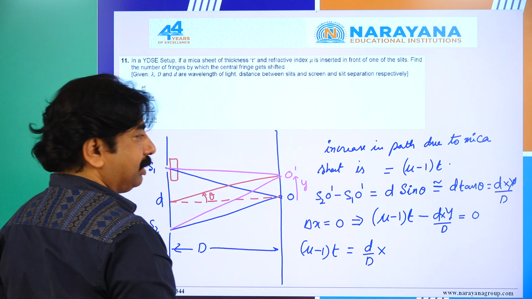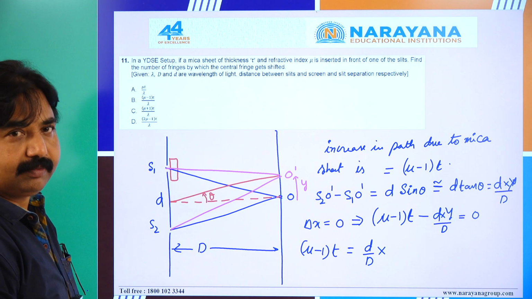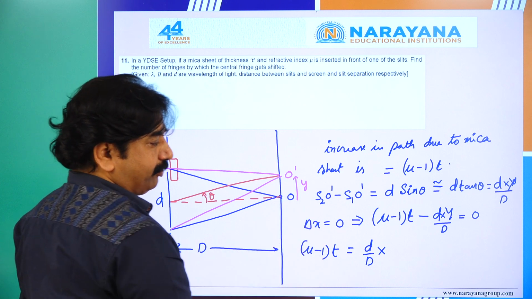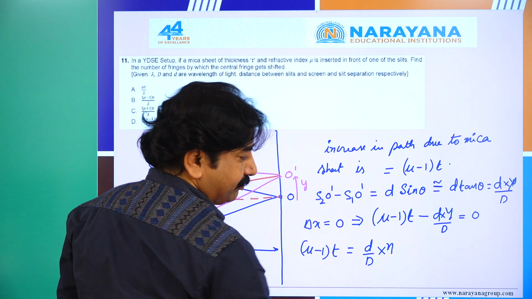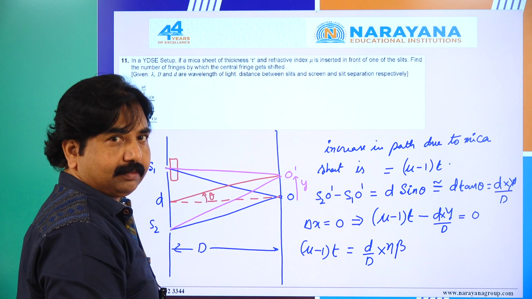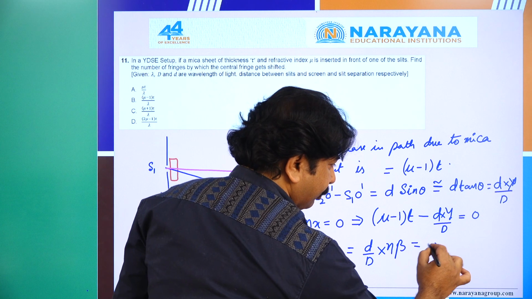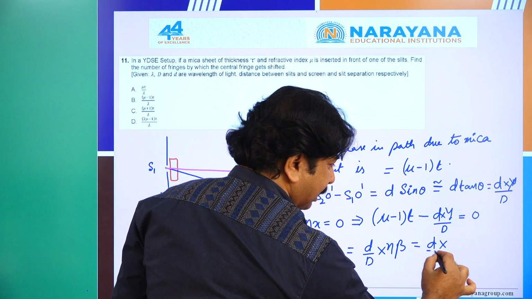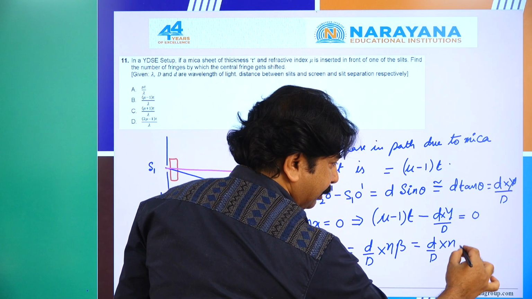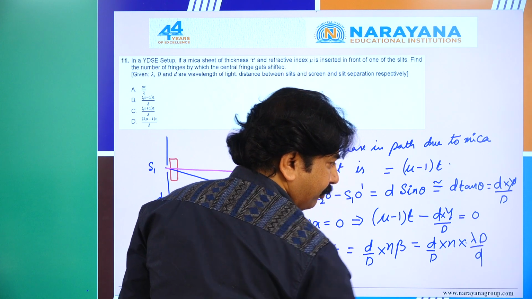But y is nothing but, they are asking in terms of the number of fringes shift. So if n number of fringes shift, you have to write n into beta instead of y. That should be equal to d by capital D of n into lambda into capital D by d, which is the formula for the fringe width.